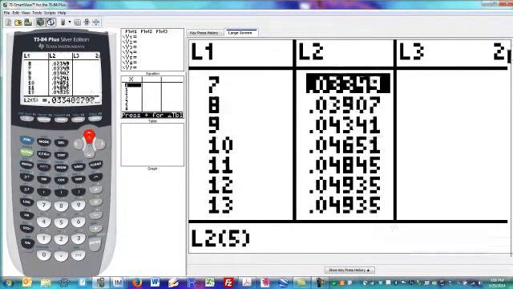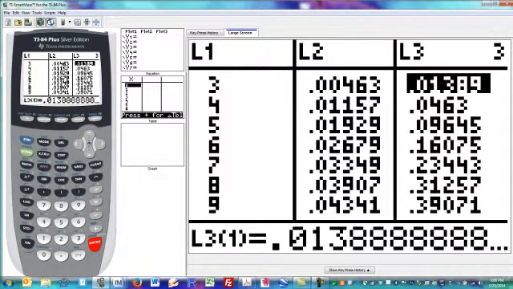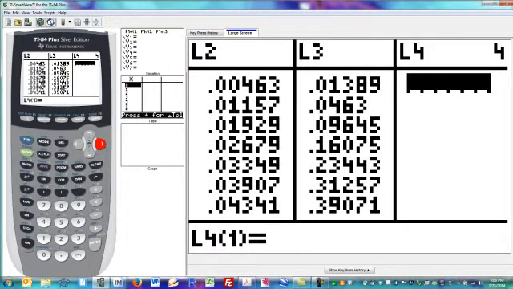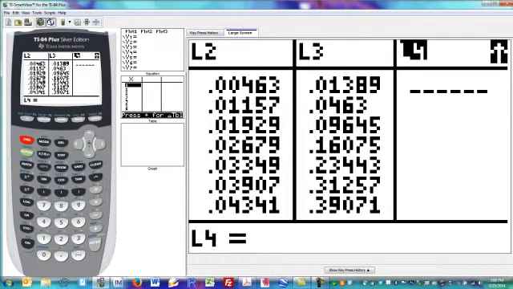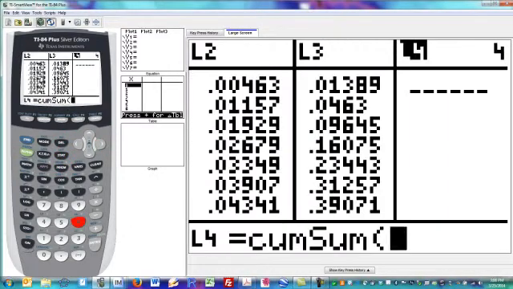So we'll go ahead and now get a handle on the expected value by multiplying list 1 times list 2, get all the intermediate values for the expected value calculation, and then go ahead and get the cumulative sum of all of these values in list 3.